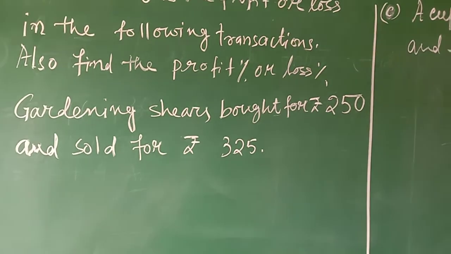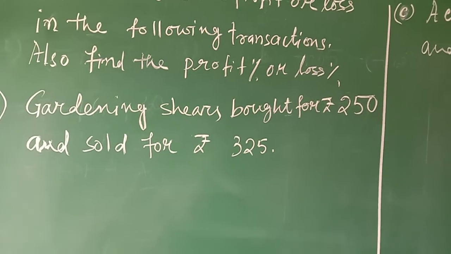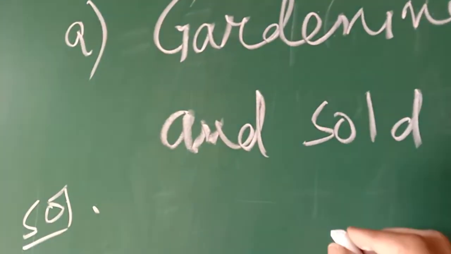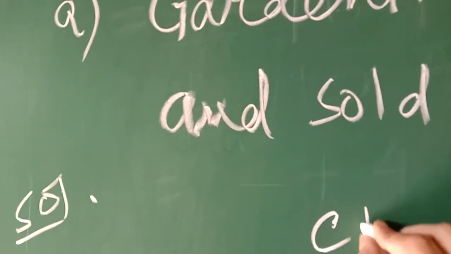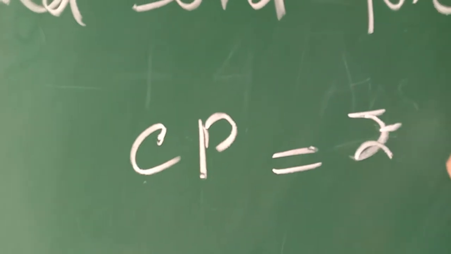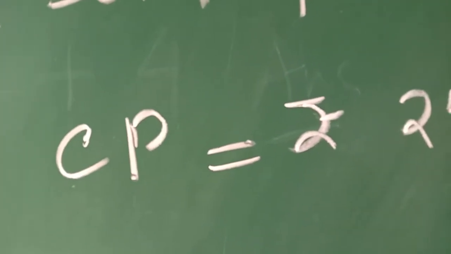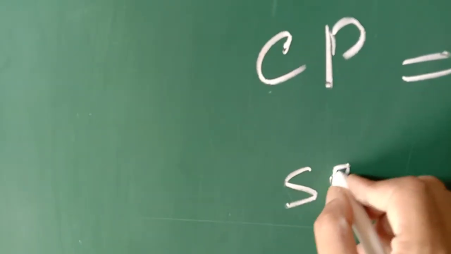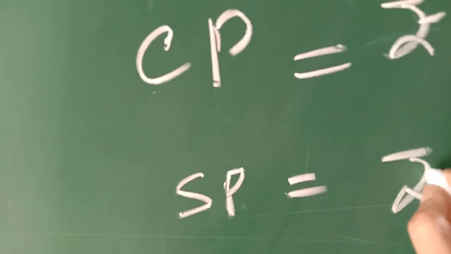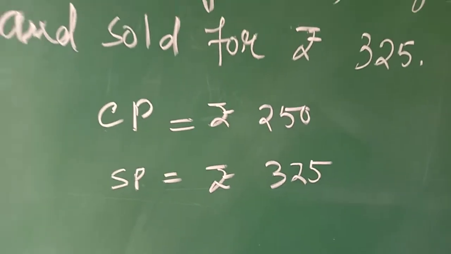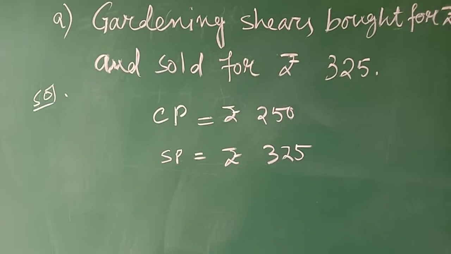That means cost price and selling price are given. Now, bought for rupees 250 means cost price. Here the cost price is given, it is rupees 250, and selling price also given, rupees 325. Now you see, selling price is greater than cost price.